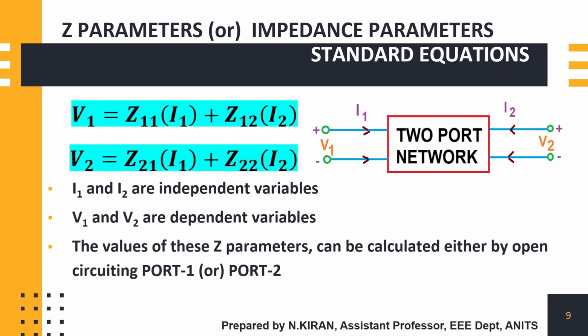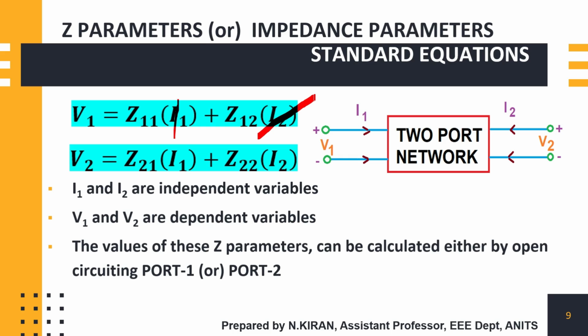As you can see, these parameters can easily be calculated either by putting I1 as 0 or I2 as 0. Current 0 indicates an open circuit. So I1 indicates opening of the input port, I2 indicates opening of the second port.